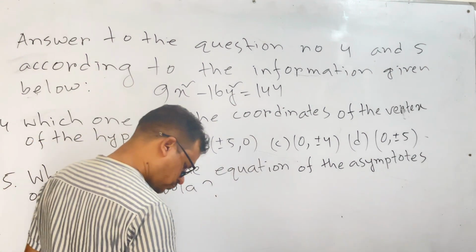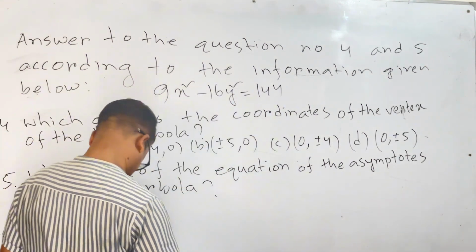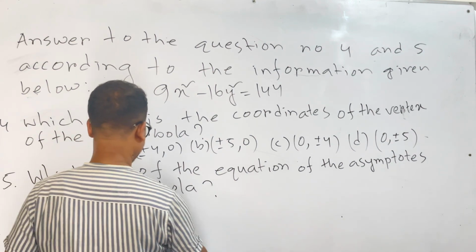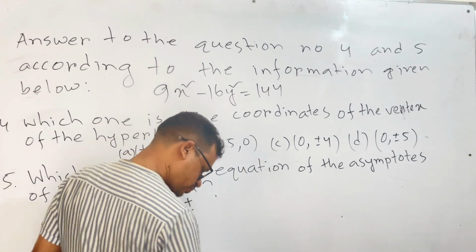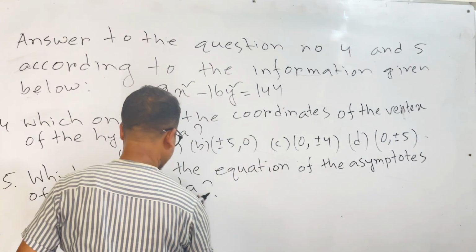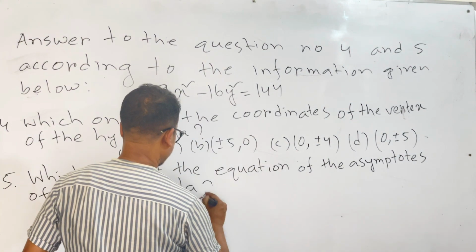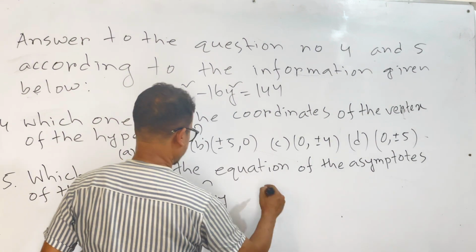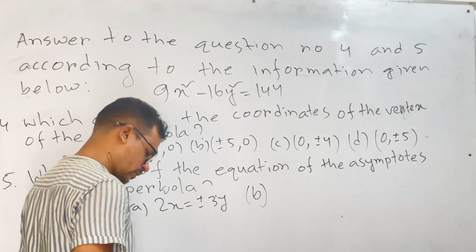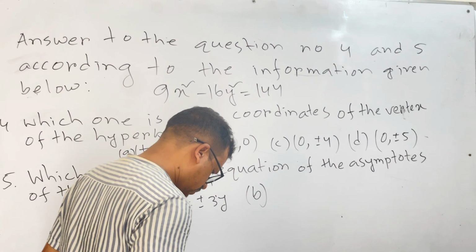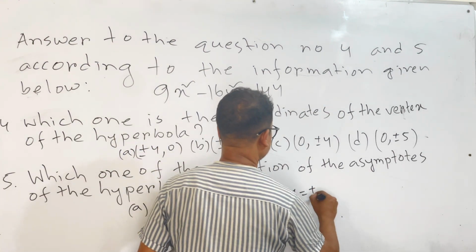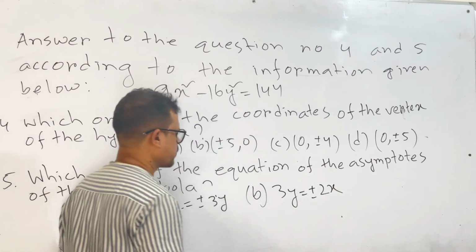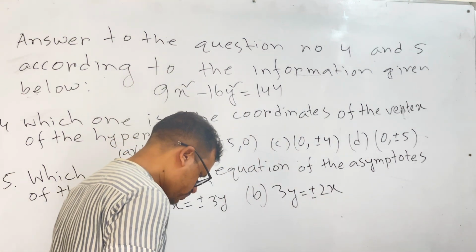A, 2x equal to plus minus thrice y. B, thrice y equal to plus minus 2x.